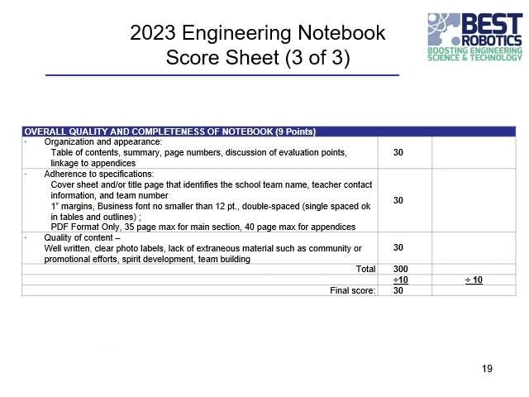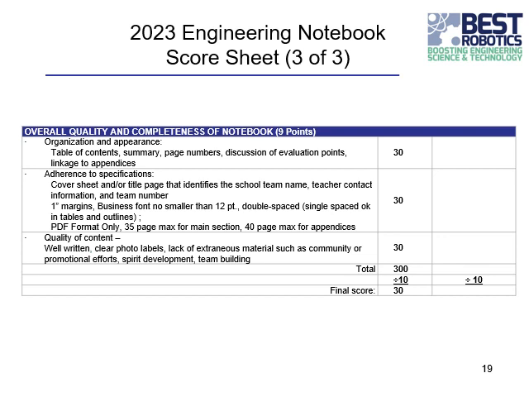So the final section of the score sheet talks about that quality and completeness. It's talking about the organization: you have page numbers and a table of contents, and we'll talk a little bit more about how you make sure you can do that with your tool.